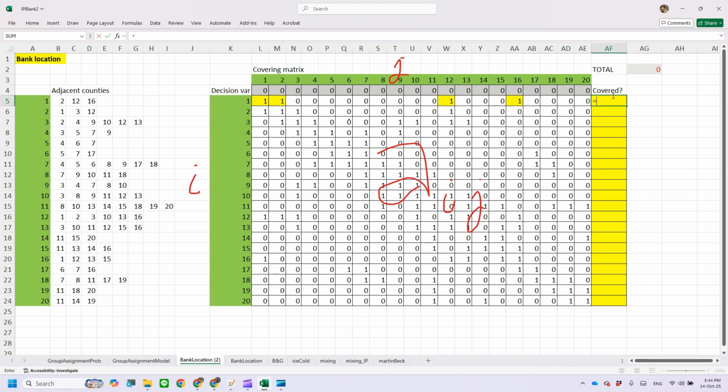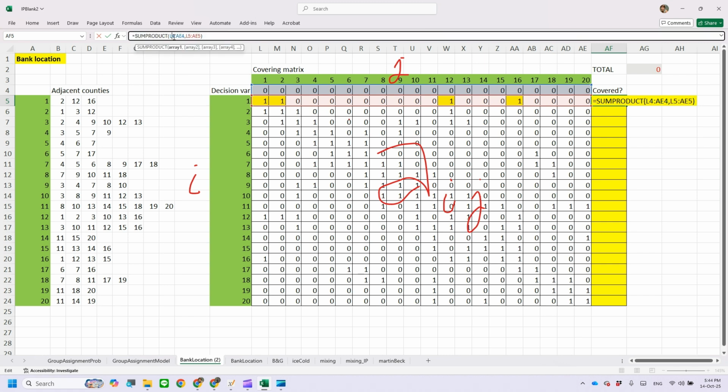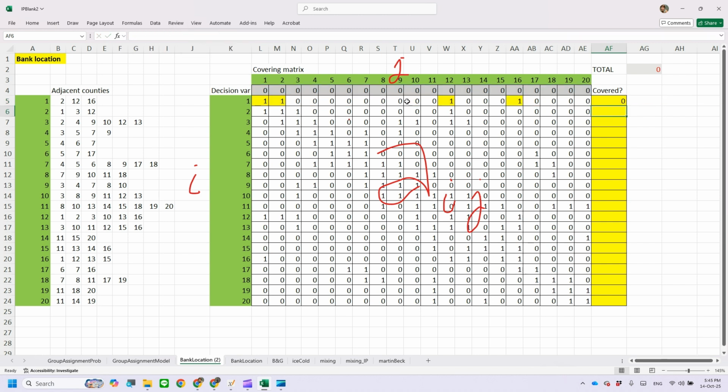So we can just do a sumproduct of this and this. We just want to check if county i is covered. And then I need to freeze row 4, I'm sorry, using function F4.